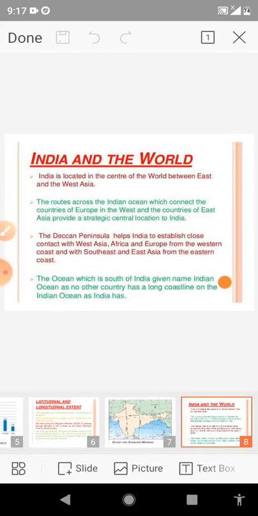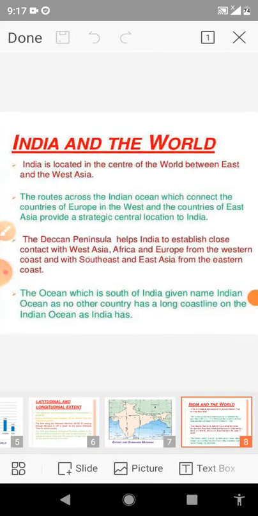After that, we'll discuss India and the world. With regard to our country, it lies in the south central part of Asia at the head of the Indian Ocean. And the routes across the Indian Ocean, which connect the countries of Europe in the west and the countries of East Asia, provide a strategic central location to our country.